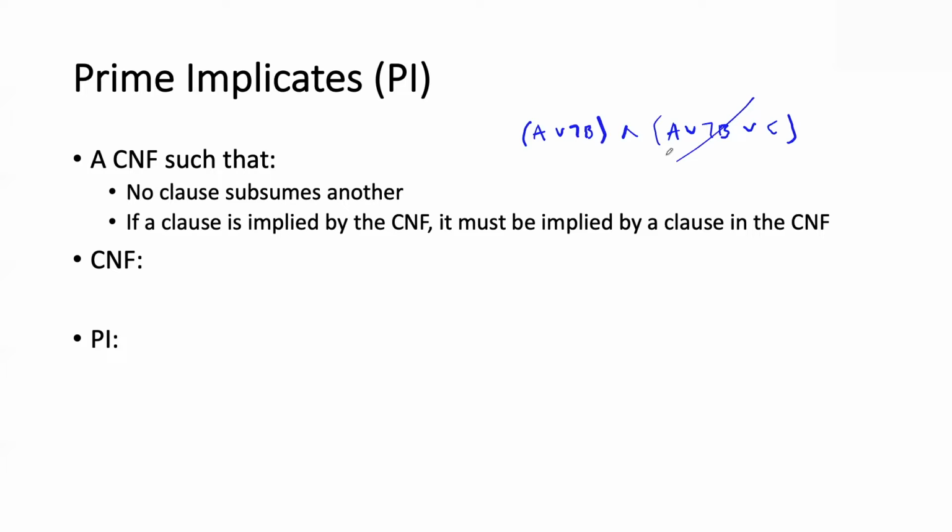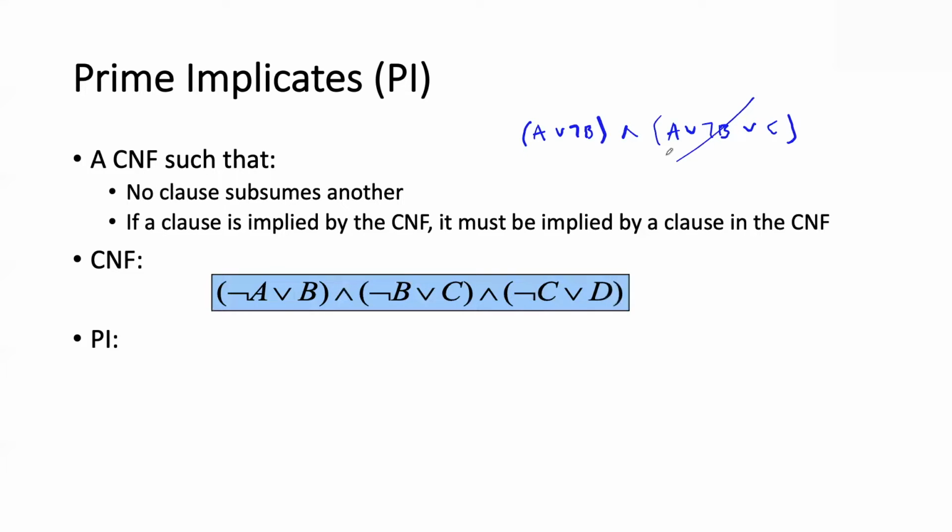The second property is best explained by an example. Here's the CNF, and this says if some clause is implied by the CNF, it must be implied by a clause in the CNF. One of the clauses that is implied by it is the following: not A or C. This is actually implied by it, follows from it. To satisfy this property, it must be implied by some clause here.